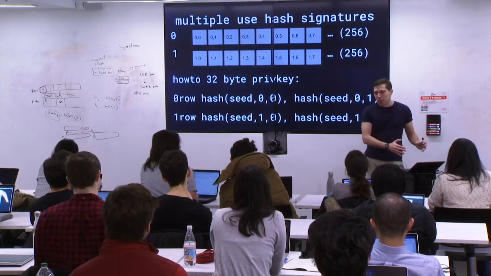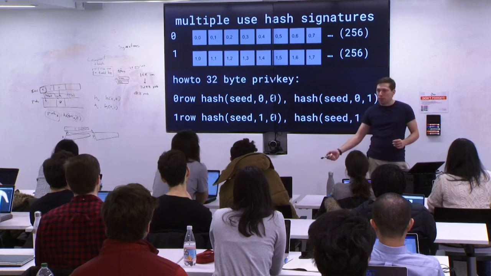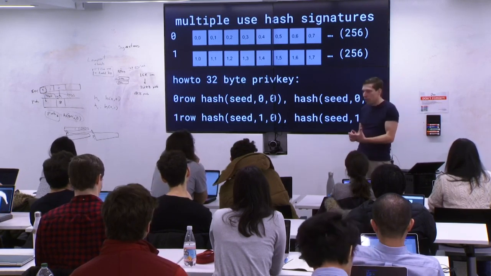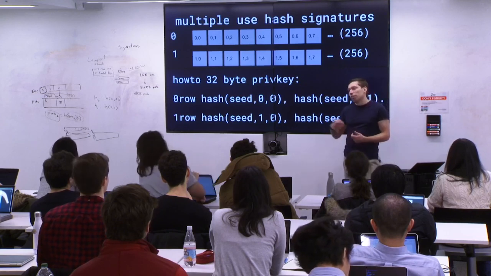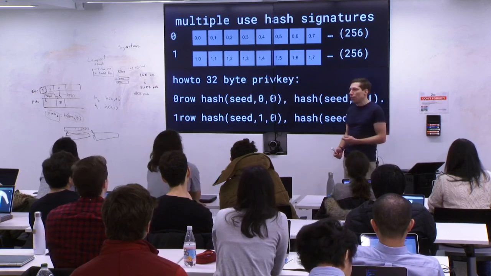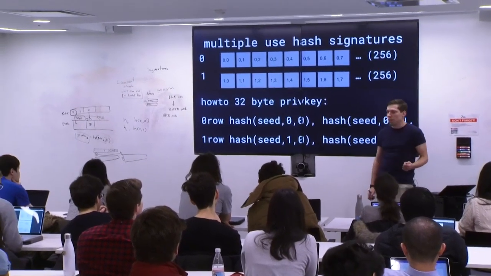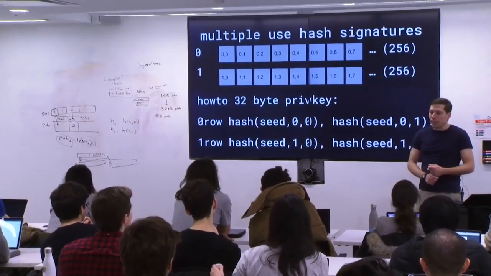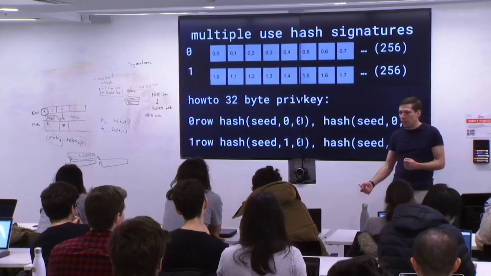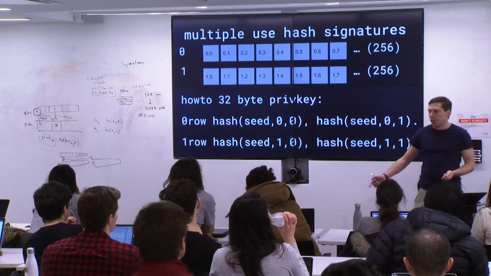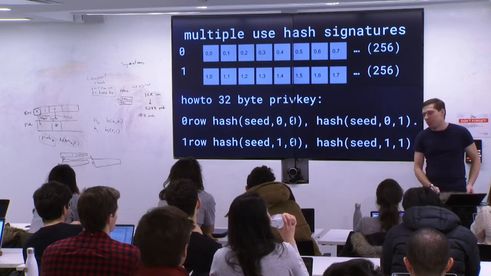So I'm signing something and also indicating what public key I will sign with next. Then I can still maintain a small private key and keep signing. The problem is, in order for someone to verify, they're going to need to look at all of my previous signatures. If I'm saying, here's my 500th public key that I'm signing with, you're going to have to go back and look at my entire history of signing, which is not great.